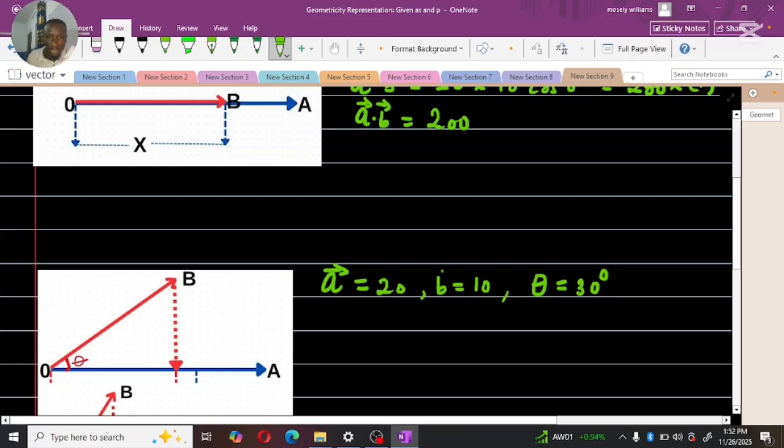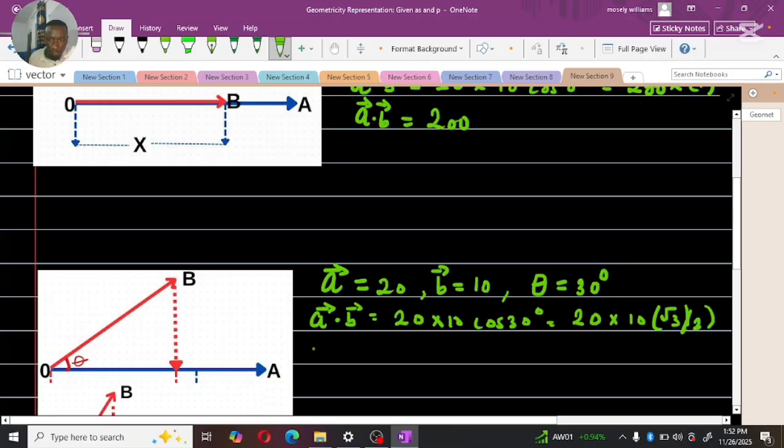So our dot product here will be 20 times 10 cos 30. What is cos 30? Cos 30 should be root 3 over 2.